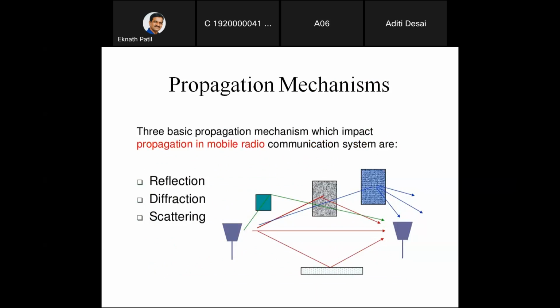As we know, metal reflection is 100%. Diffraction occurs at edges where electromagnetic waves are incident, and the electromagnetic wave and energy are spread out. That also happens in the case of scattering.